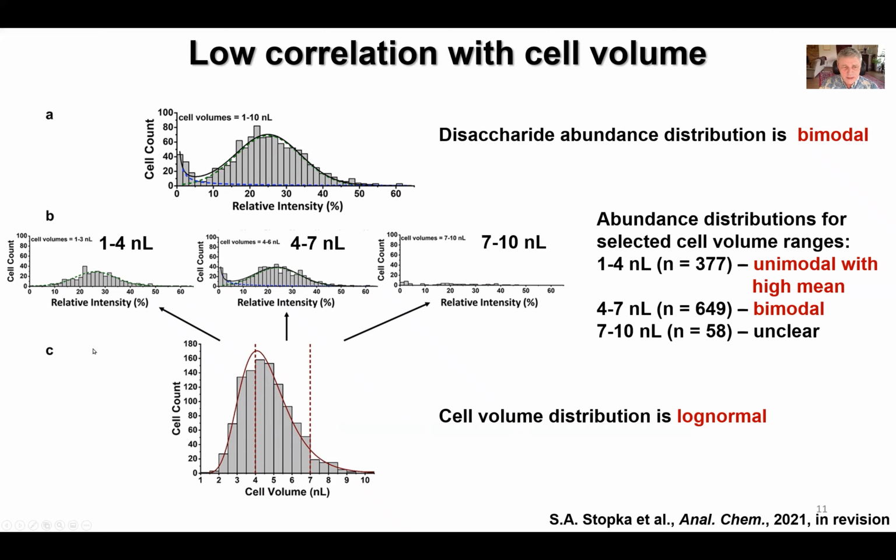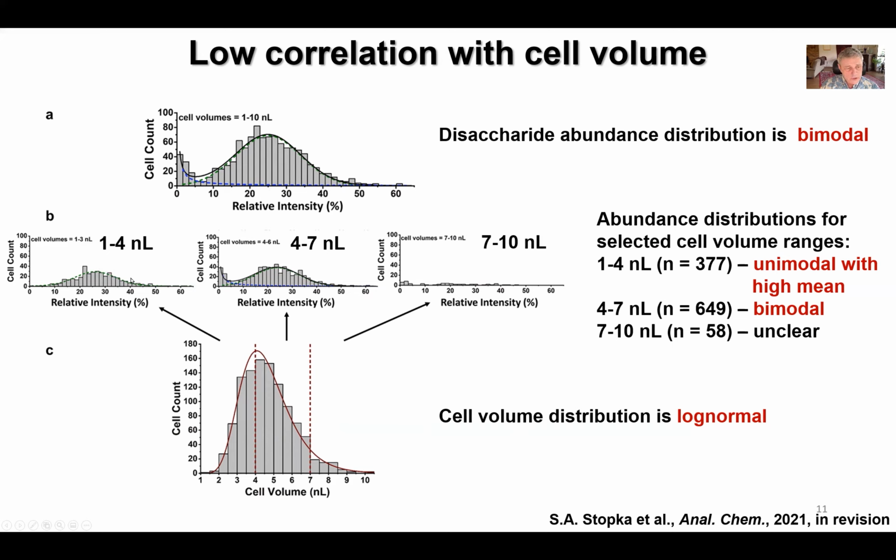And as you can see, we observed that the small cells did not show a bimodal distribution. They exhibited a unimodal distribution with the higher mean value. Obviously, for the bimodal distribution, you have one mode that has a higher mean value for the metabolite concentration, and then there is another one with a lower one.